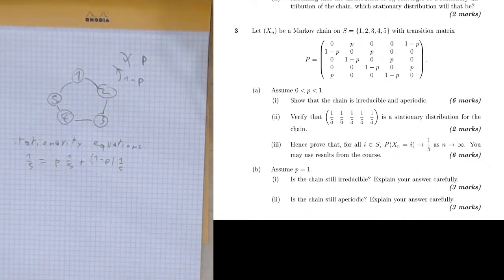Hence, the next question, hence prove that probability of being i converges to 1/5. So that's a theorem from the course. Finite number of states, irreducible, aperiodic, all of these things together imply that we converge to the stationary distribution, and the stationary distribution is unique in this case.